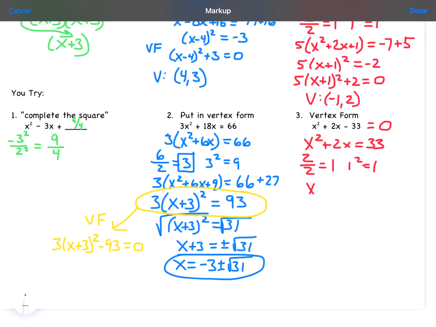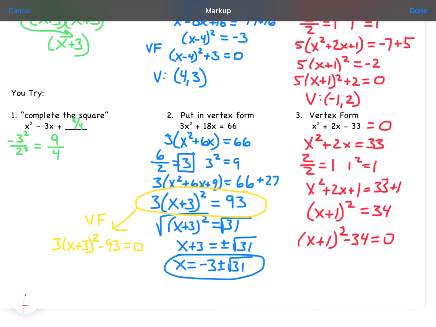And so it's x squared plus 2x plus 1 equals 33 plus 1. And so when we factor that, we get x plus 1, the quantity squared equals 34. And putting it in the vertex form, we just bring the 34 over. And we get our answer. Here is our vertex form.